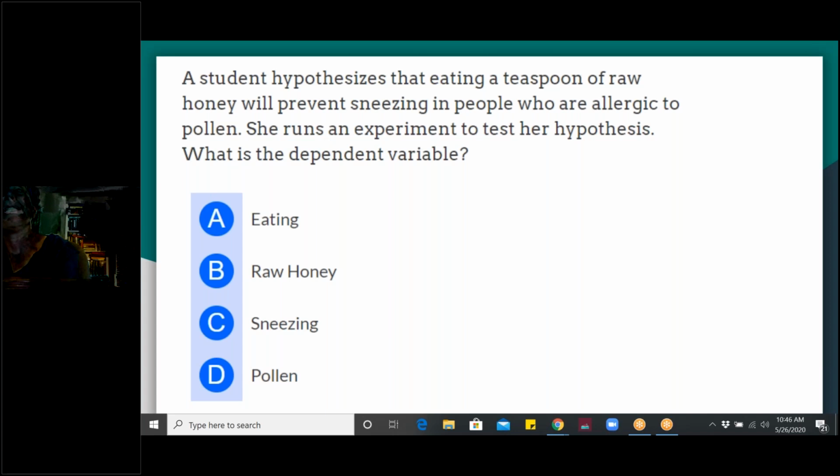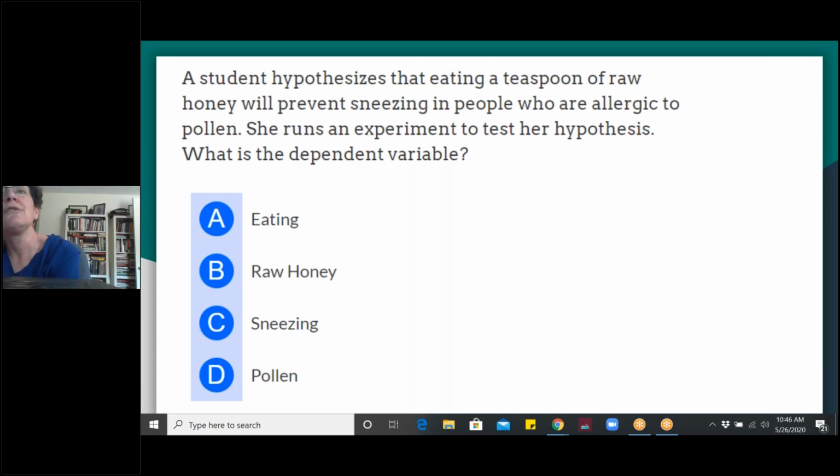So the student, let's picture what her experiment is. She thinks that if you eat raw honey, you will prevent sneezing. Okay, so it's not the sneezing then. What is the dependent variable?